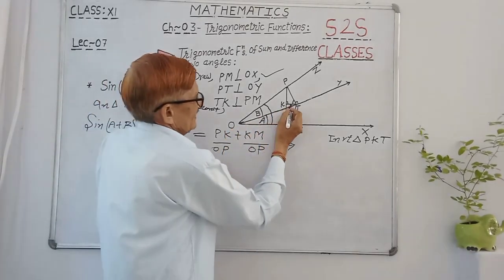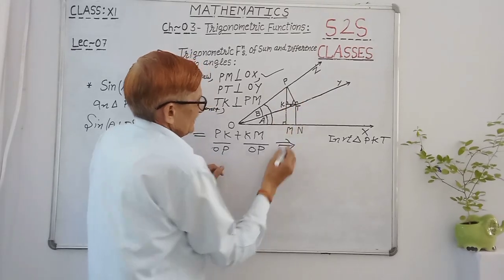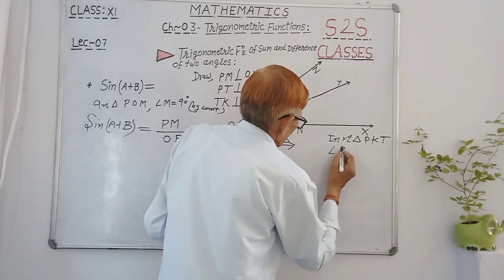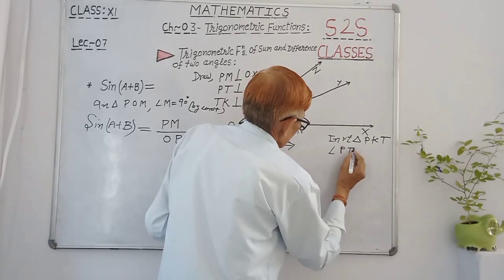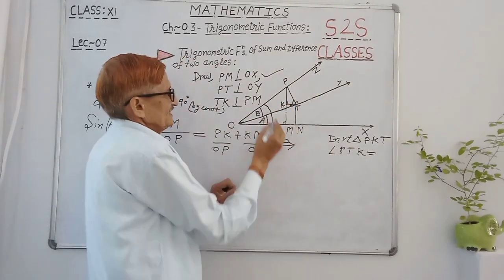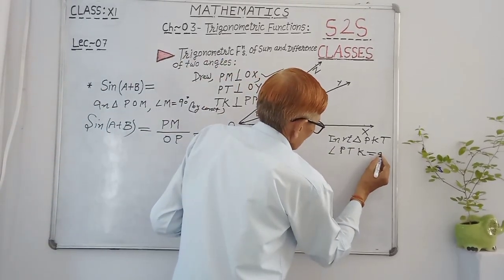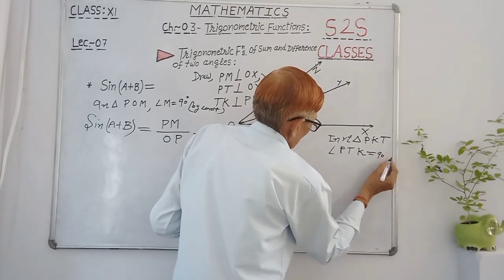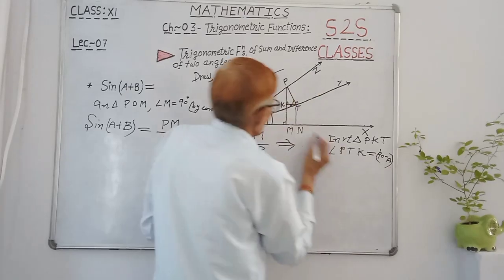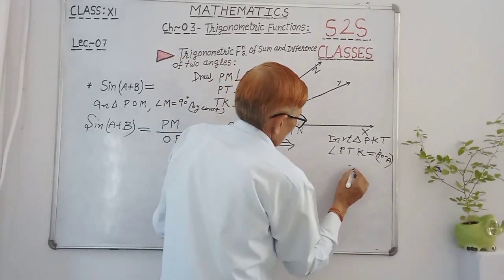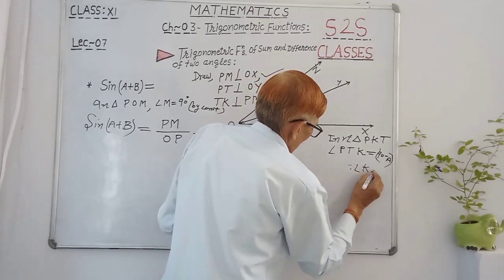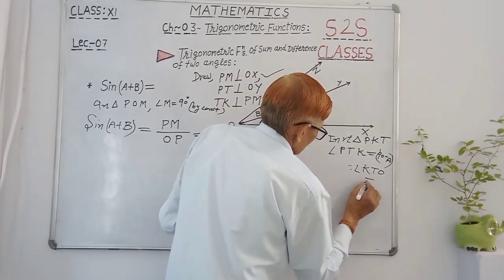So this will be A. So angle PTK will be equal to 90 minus angle A. Why this? Because angle KTO is equal to A.